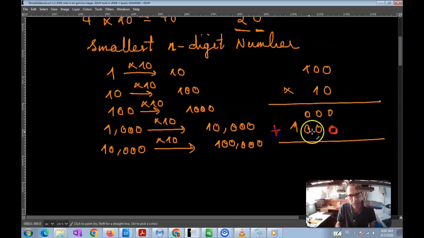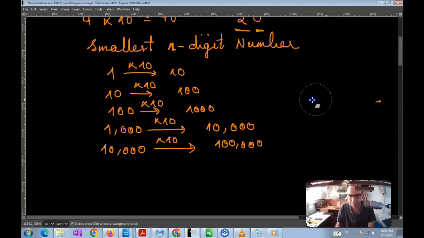So if you add all of these together, you will get 1,000. And so 100 times 10 is 1,000, right? That's exactly what happens in all of these numbers: 1 times 10 is 10, 10 times 10 is 100, 100 times 10 is 1,000, and so on and so forth, right?